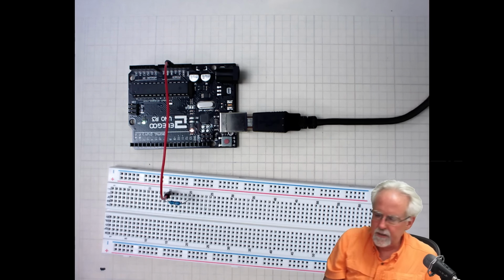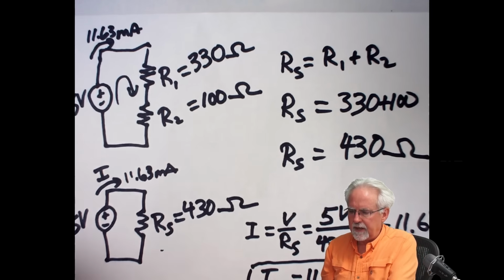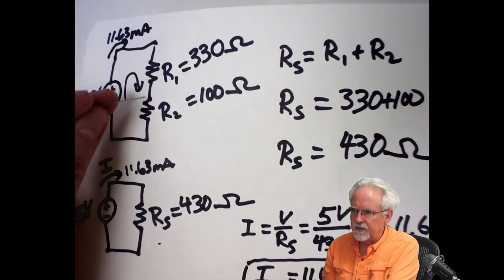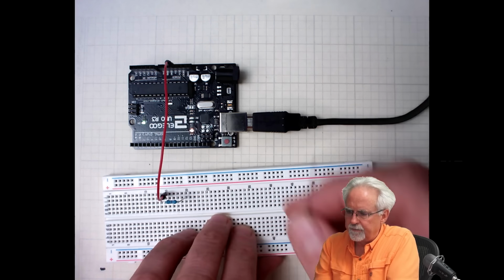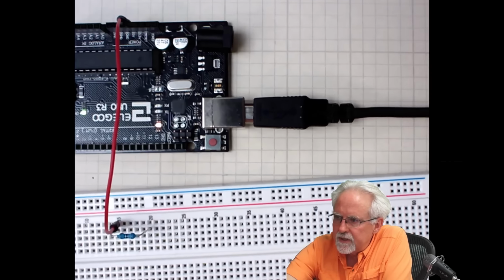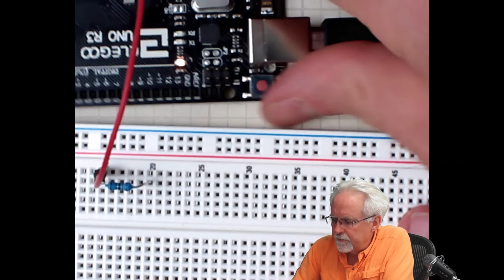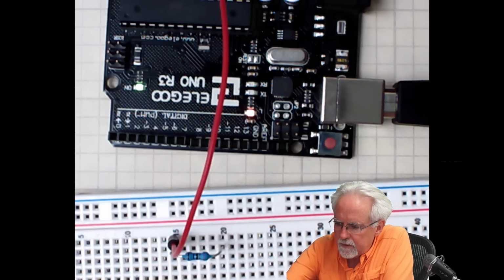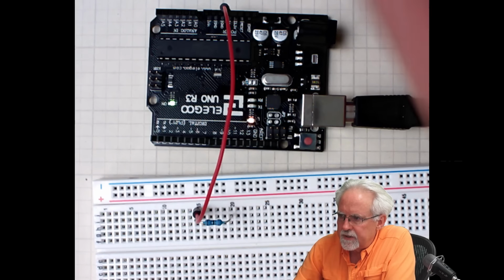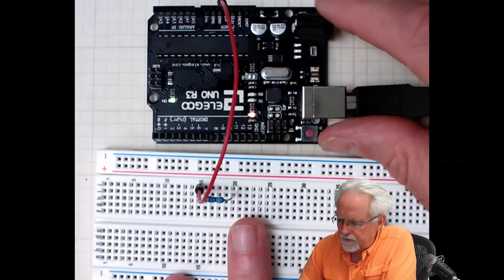Then what do I need? I need the bottom leg of that resistor to hook to the top leg of R2. So I've got R2 here. Do you think I should zoom this in to help you see a little better? Maybe so. Okay, maybe a little too far. I want you to see the whole thing, but as close as possible.